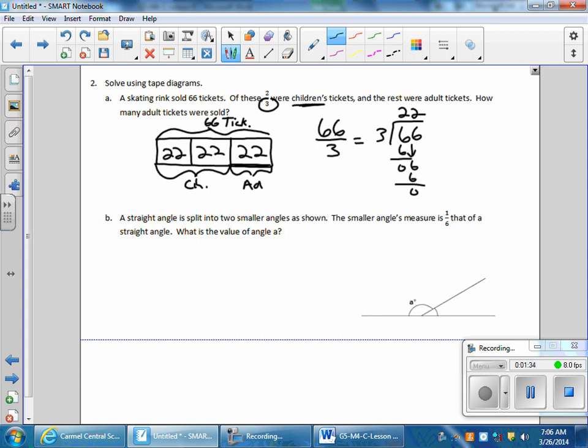I can clearly see that the number of children's tickets was 44. That's 2/3 of the total. And the adults is 22. How many adult tickets were sold? 22 adult tickets were sold.